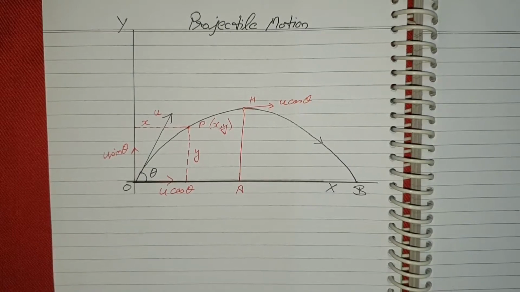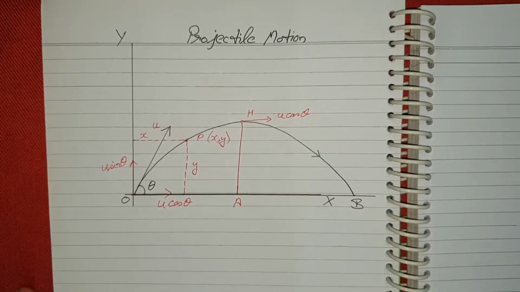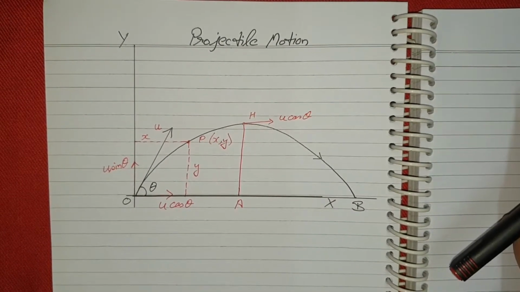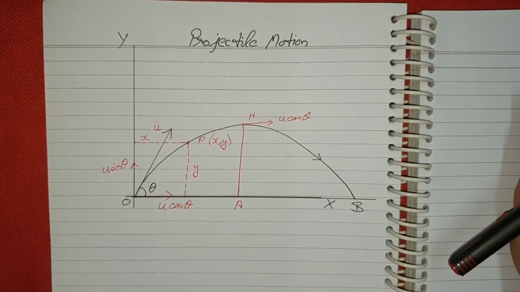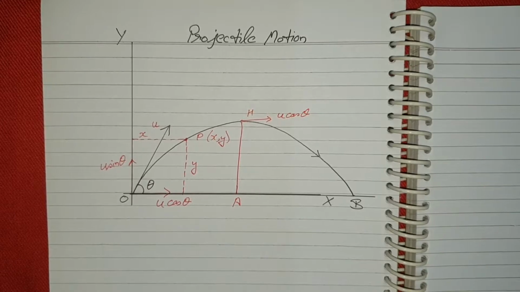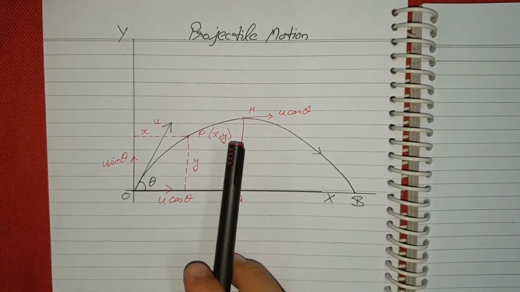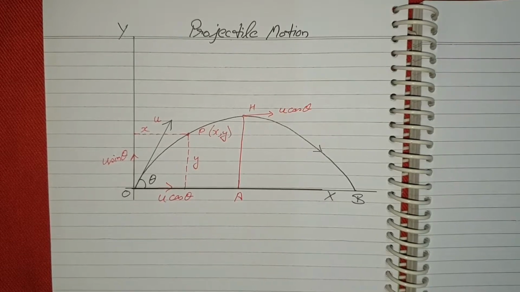First of all, we will get the equation of trajectory, or the equation of its path. Suppose at any time t, the object reaches the point P, which is x comma y.